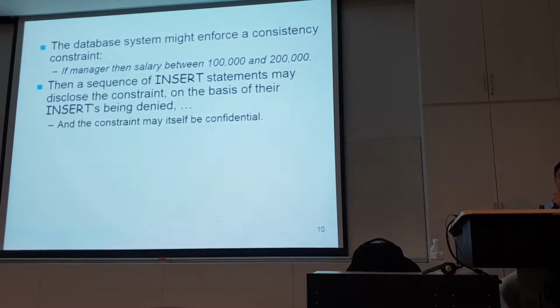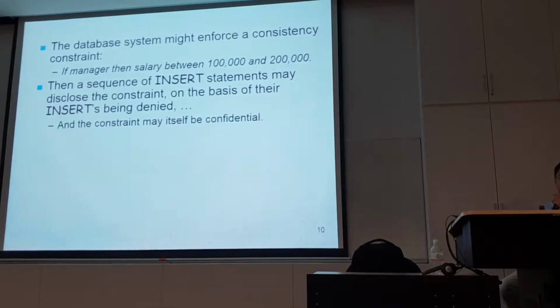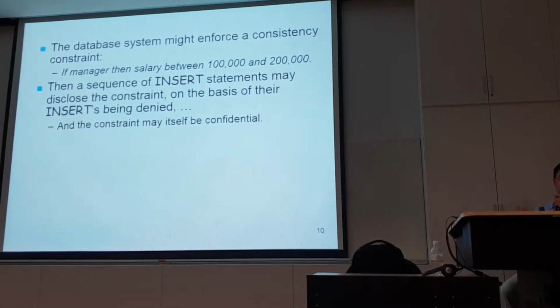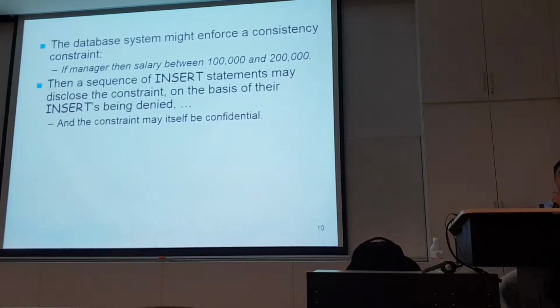In this case, you can test that this key has already been used by some other record. So by just looking at whether it's rejected or accepted, sometimes you can identify whether a particular item exists in the system or not.